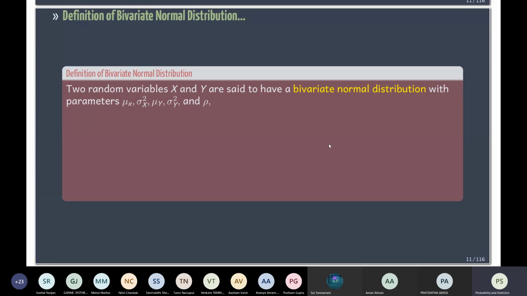From this standard normal, we can now define the bivariate normal. So far we were talking about the standard normal and bivariate distributions. Now we are talking about how we can go from standard to just normal, just like previously we went from normal 0, 1 to normal mu x and sigma x squared.